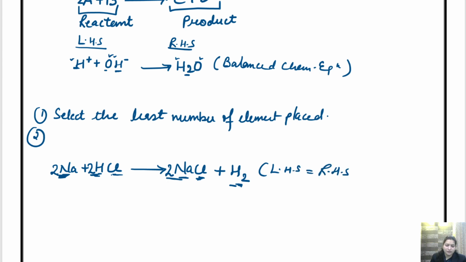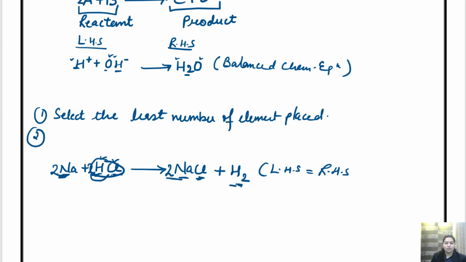Children, if we are adding 2 here, it does not mean that we are adding 2 only for the hydrogen. We are adding 2 for this whole compound, which is HCl. HCl एक है हाइड्रोक्लोरिक एसिड. तो अगर हम 2 यहाँ ऐड कर रहे हैं, it means we are adding it for all, like we are adding for hydrogen also and we are adding for chlorine also.